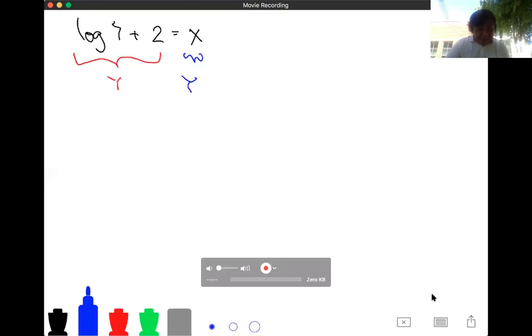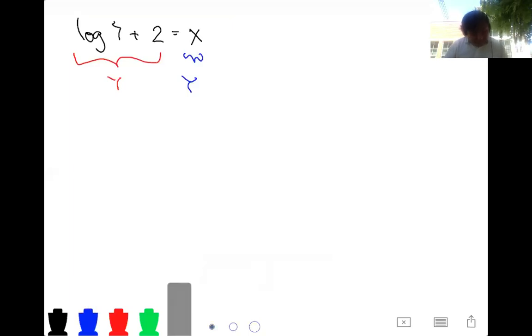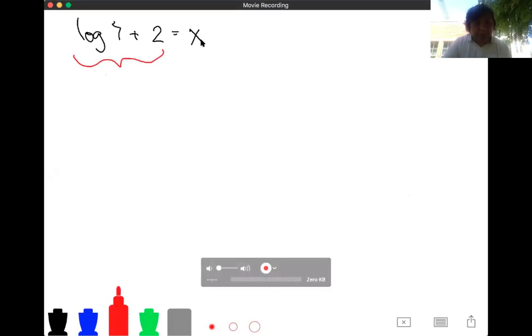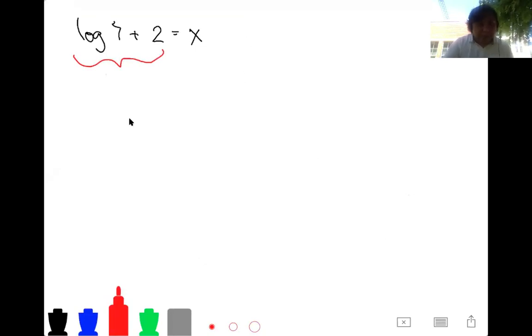And here we go. Okay, so for this particular problem, all we have to do is to actually use a calculator to evaluate this expression. Okay, logarithm of 7 plus 2. So the calculator I'm going to use for now is Desmos.